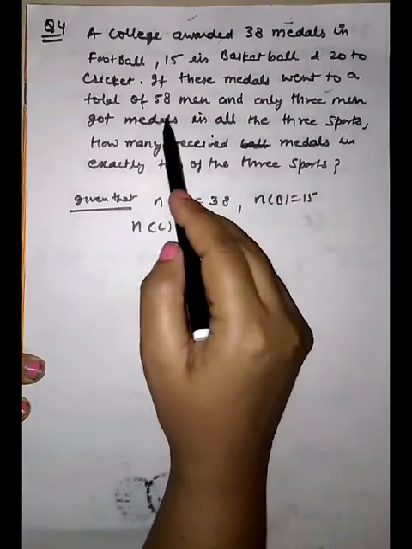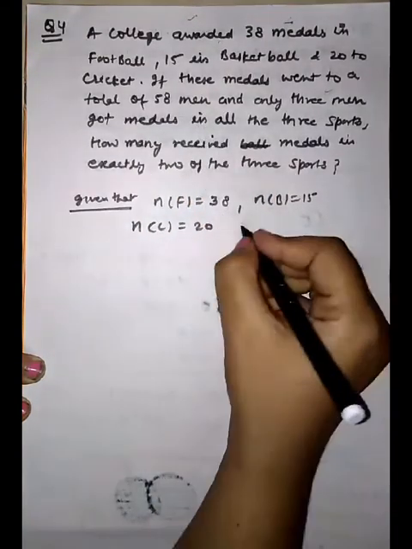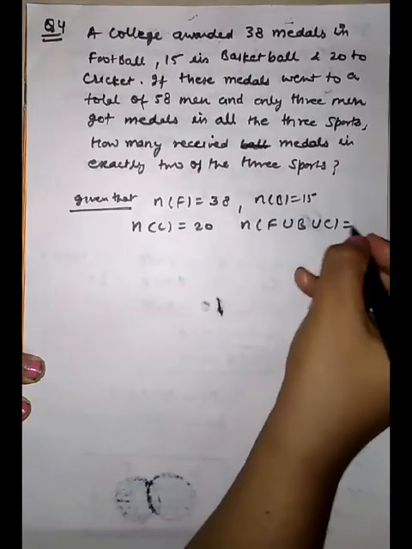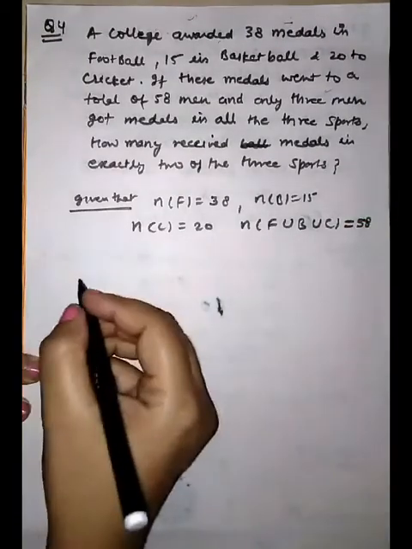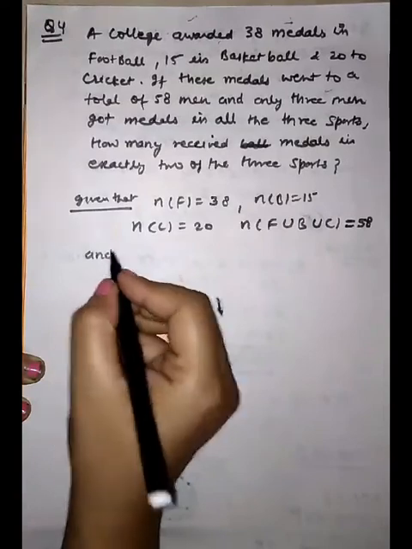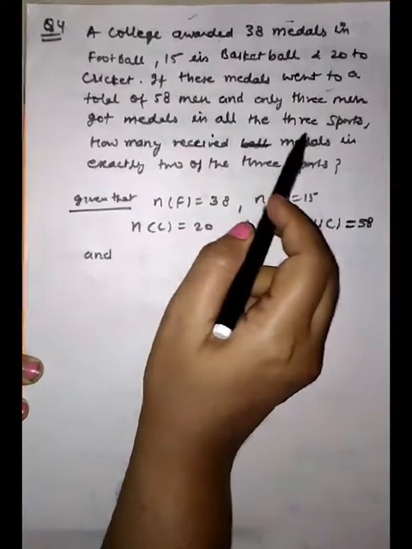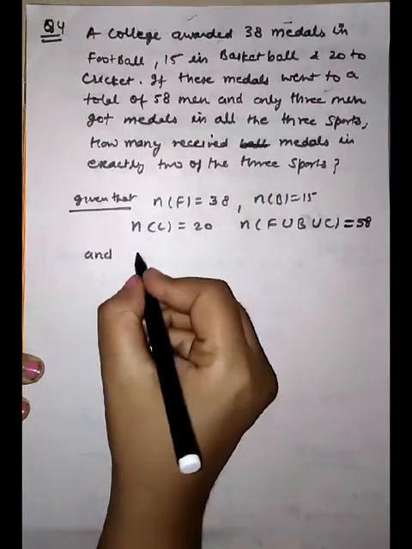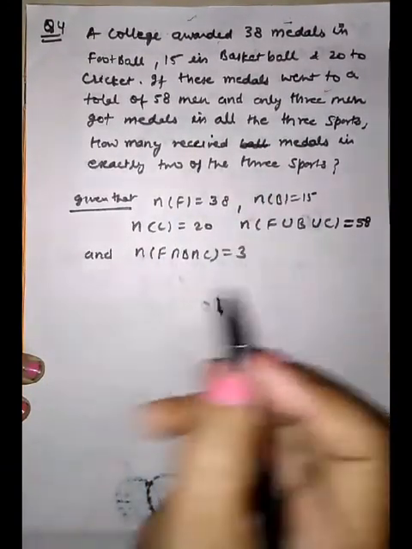Another piece of information is a total of 58 men, so n(F union B union C) equals 58. And only 3 men got medals in all three sports. It means the common part is 3, so n(F intersection B intersection C) is 3.